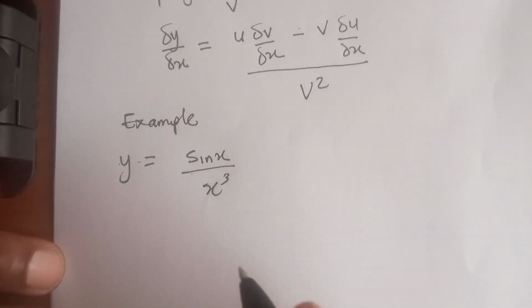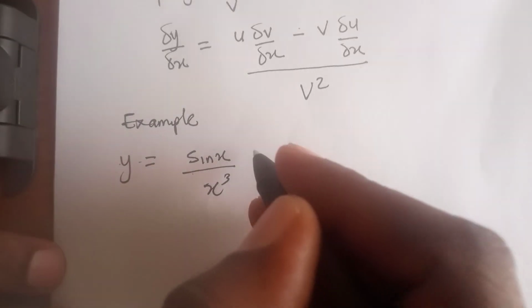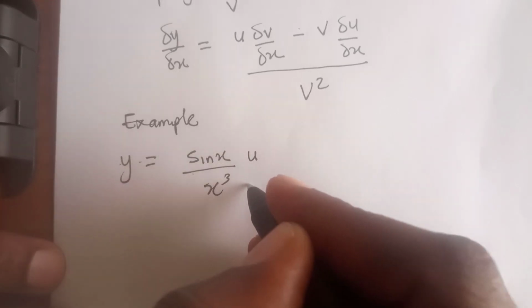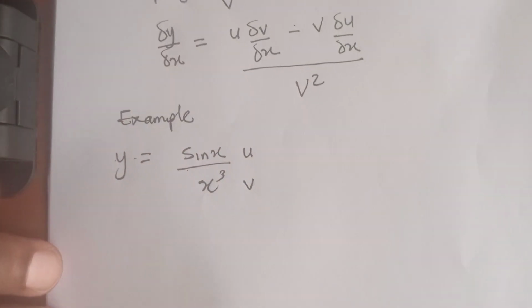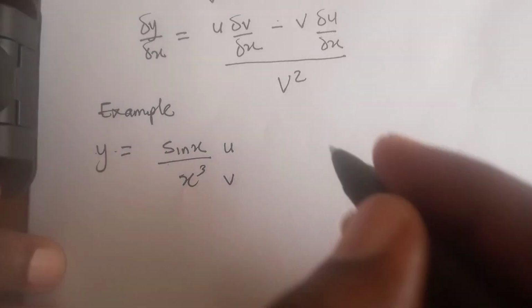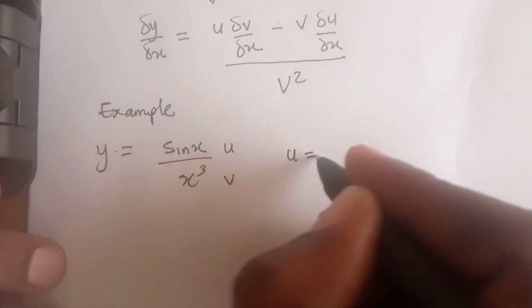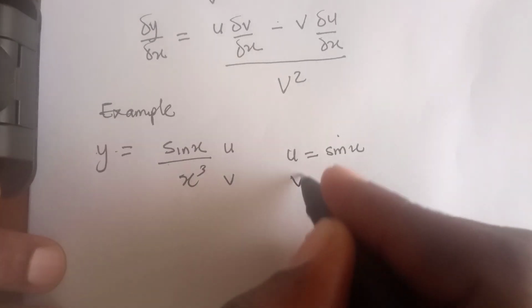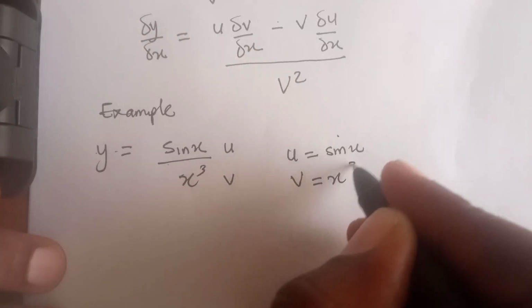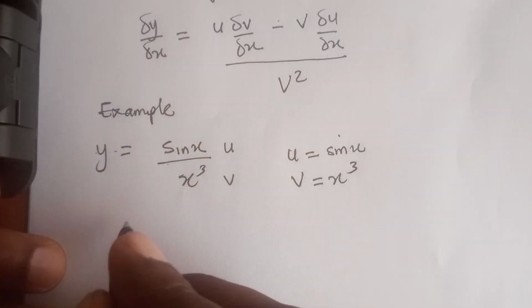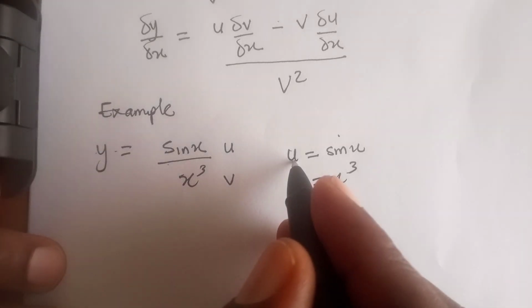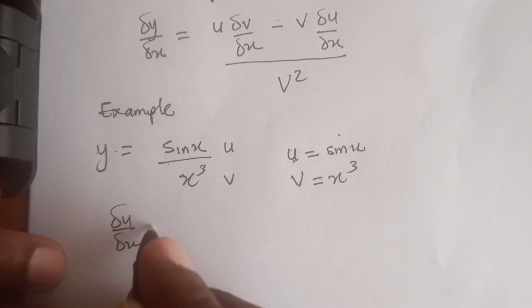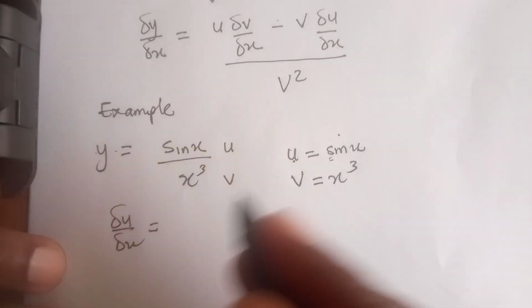All right, now, conventionally, let's attach u to this one and v to this one. So my u equals sine x and my v equals x cubed. Now I will differentiate u with respect to x. So du dx is what? What's the differentiation of sine x?